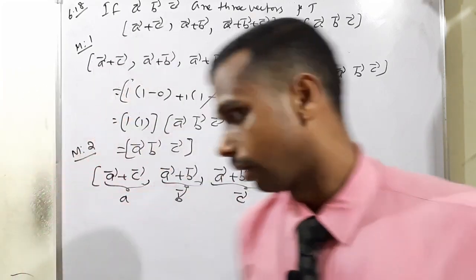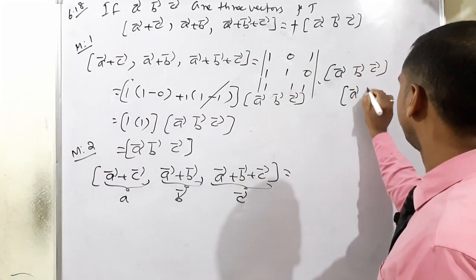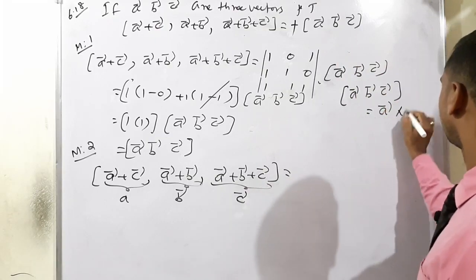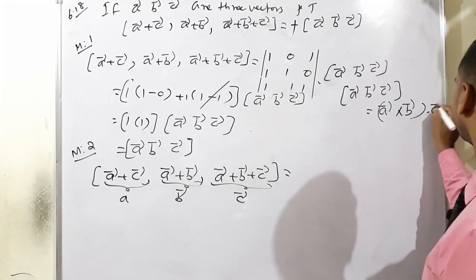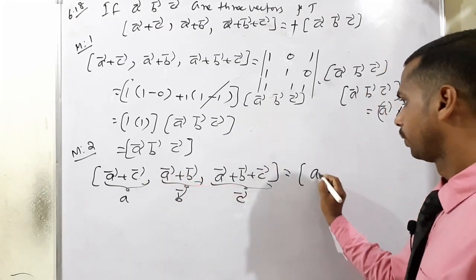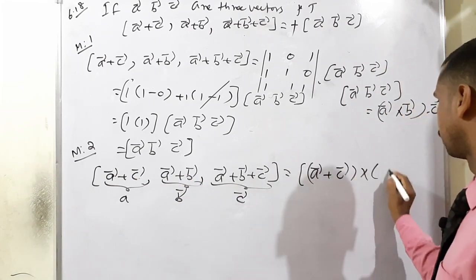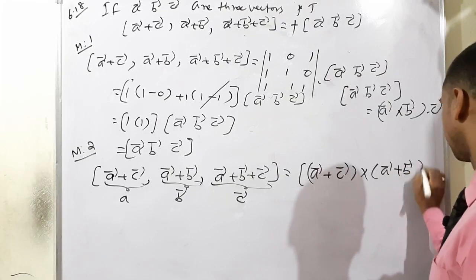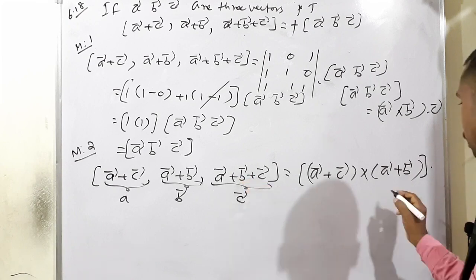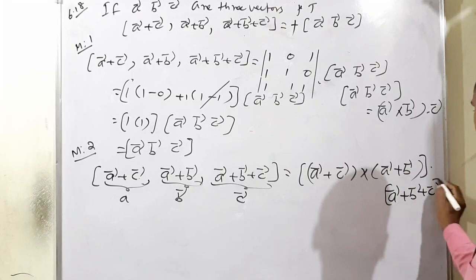Already we know the box product of A vector, B vector, C vector is equal to A vector cross B vector dot C vector, isn't it? So now we can apply: A vector plus C vector cross A vector plus B vector, then dot A vector plus B vector plus C vector.